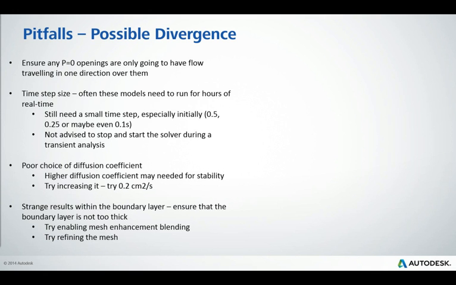If we have flow traveling in two directions over those openings, the same goes for the outlet actually, that can often cause solver instability. So we need to make sure that the flow is really only going in one direction. If it's not, we should probably extend those outlets to make sure that any recirculation is completed before reaching the boundary condition.